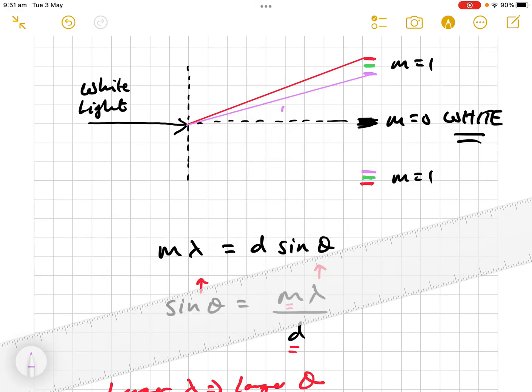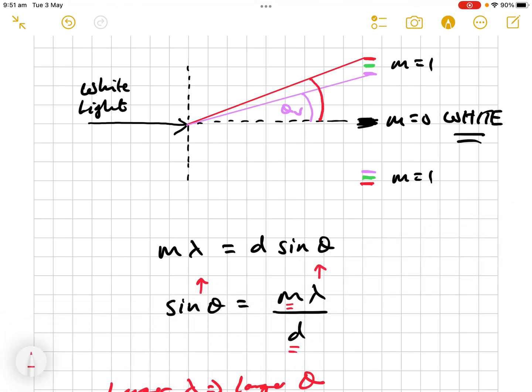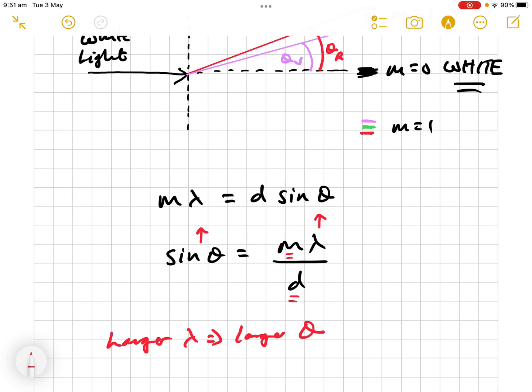Okay, so there's theta for violet, and there's theta for red. Bigger deviation for bigger wavelength.